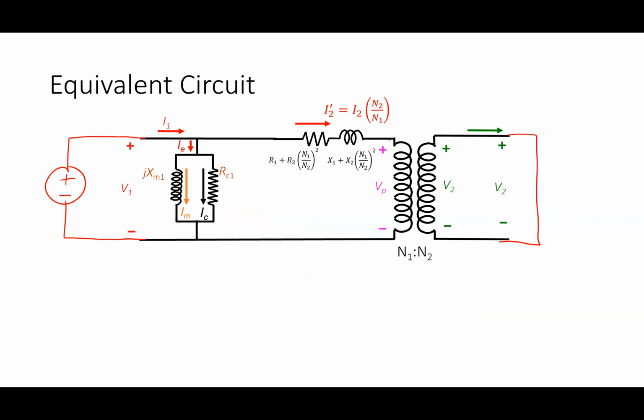What's the voltage across this ideal transformer if I put a short circuit right there? 0, right? There's a short circuit across the transformer. So that tells me that this circuit becomes this.